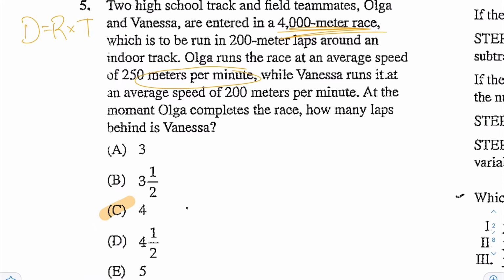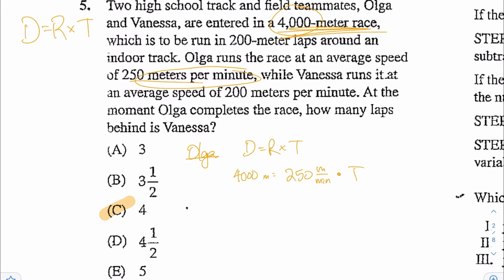So here for Olga, you have D equals RT. The distance is 4,000 meters. That's equal to her rate, which is 250 meters a minute, and you want to multiply that by time. So we don't know what the time is, so we can call that t.